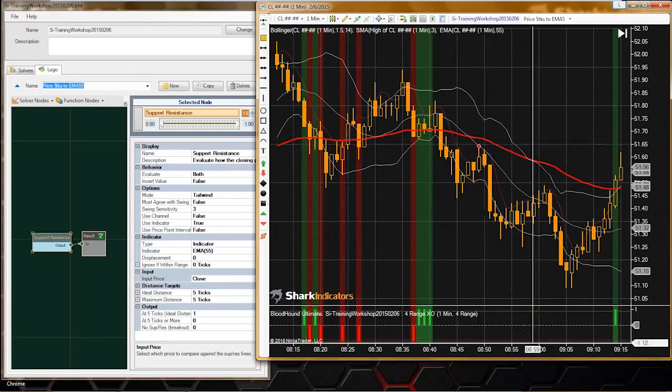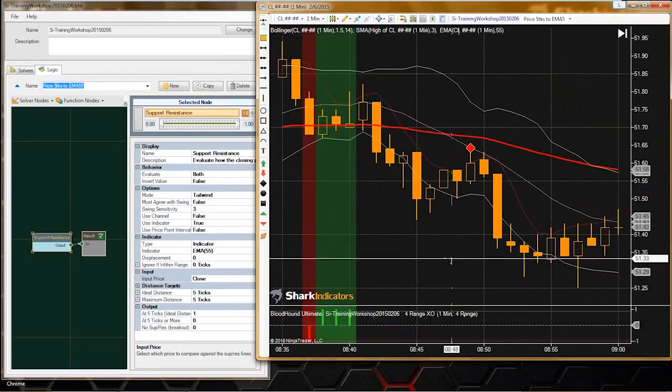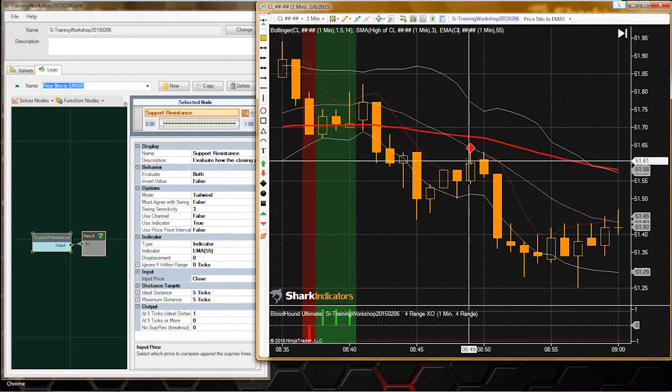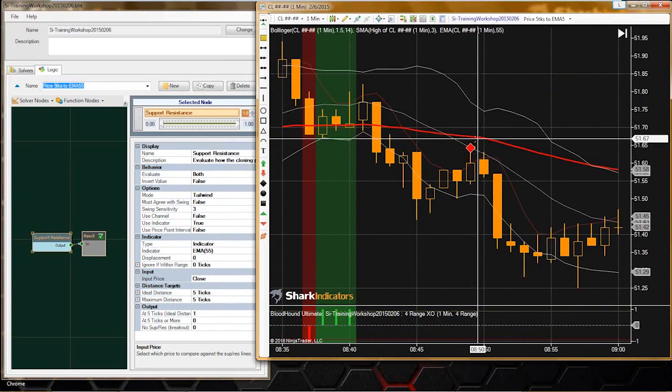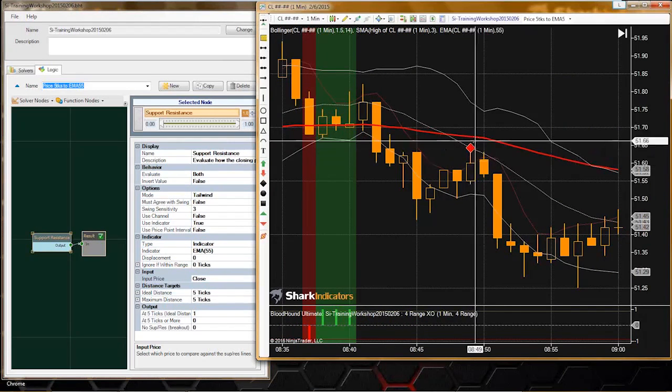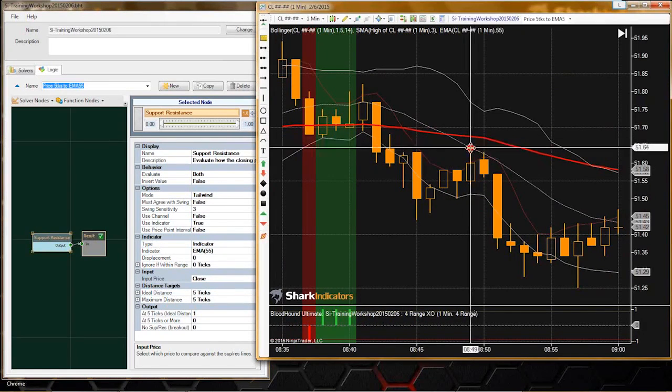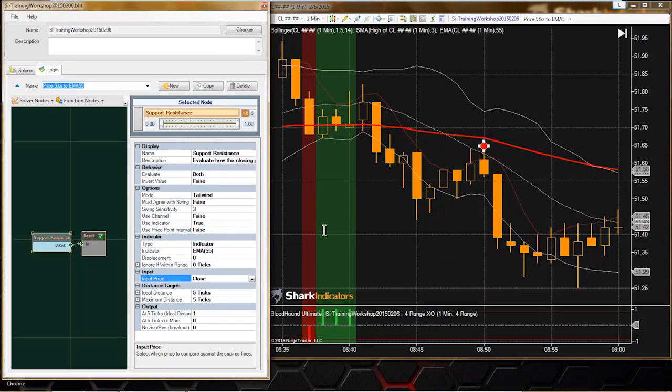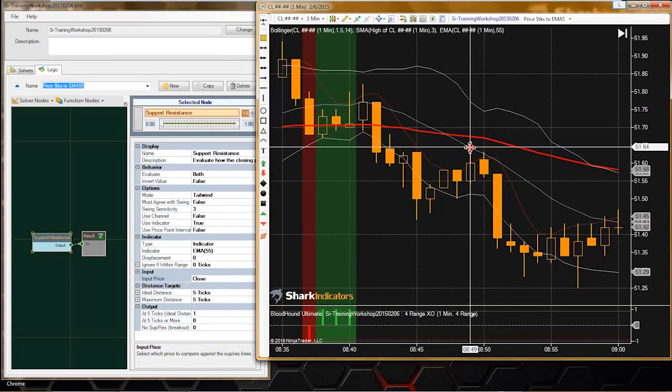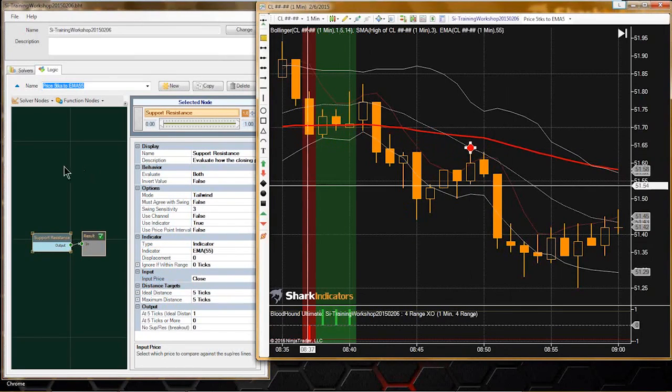Yeah, I think I found an example right there on that bar. Right, so the closing price didn't get close enough to our EMA to trigger off anything. Right, so we could have potentially missed a trade there. So with this input price, we could set this to the high price, and it might catch this here.